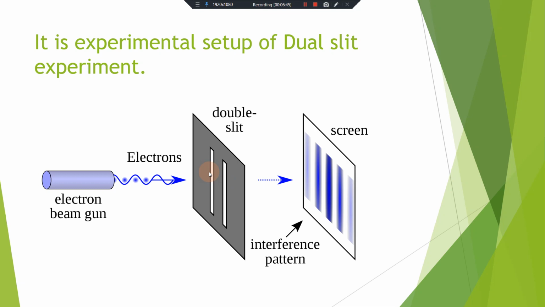When we don't know from which slit it goes, we have to count two possibilities, and these are described by the wave function. So we have to add two wave functions to get the correct probability at the screen and find the interference pattern.